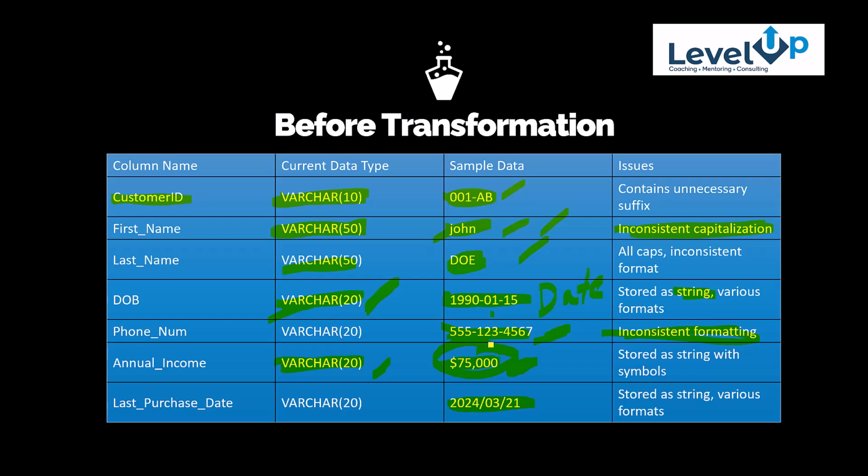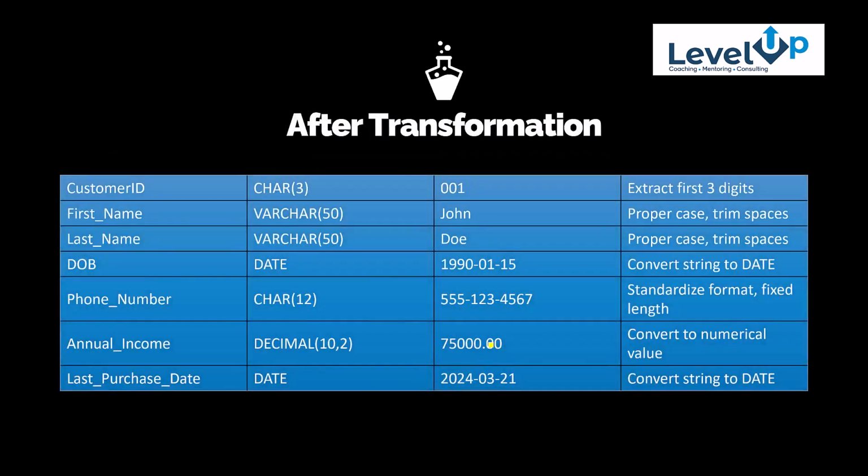I need to clean this data. After cleaning, the data might look something like this. You see that AB is removed. You see proper case: J is a capital letter and the rest are small letters, similarly with the last name. And you see converting the string to date, so this is a transformation, right? Now I have standardized this format.